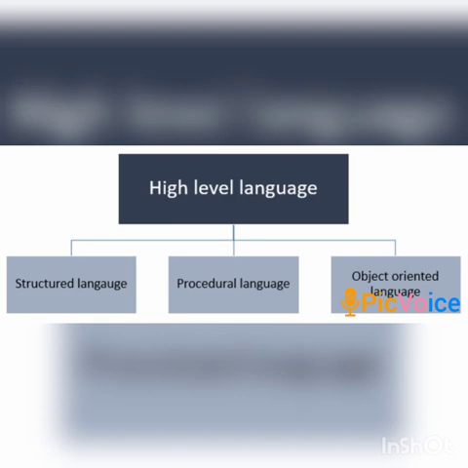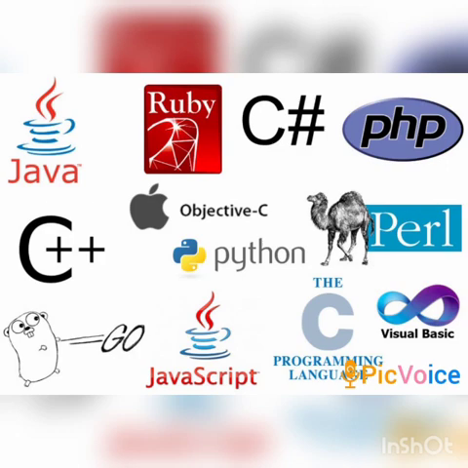High level languages allow instructions to be written in English-like language, which makes them easier to learn. The program in a high level language is also converted into machine language by using language translators. Some examples of high level languages are C, C++, Java, etc.